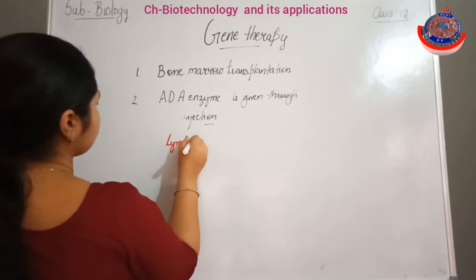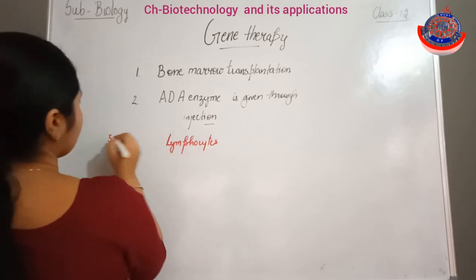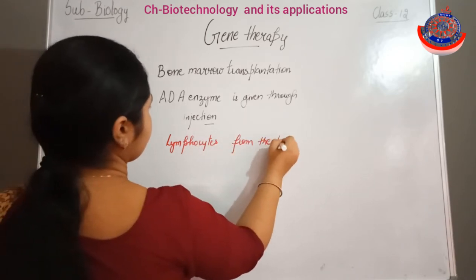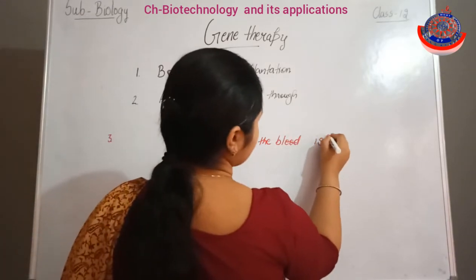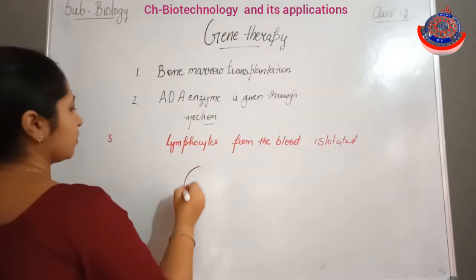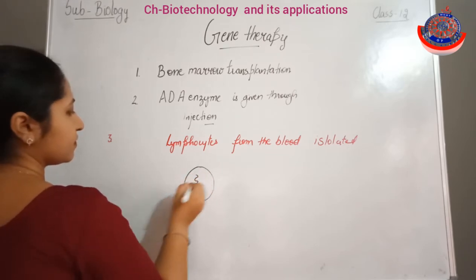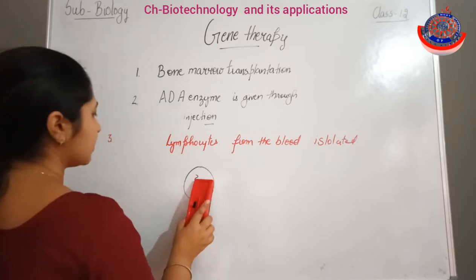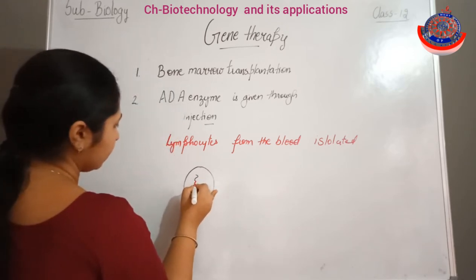Now one more method is there: lymphocytes isolated from the blood. The isolated lymphocytes have the genetic defect, means the non-functional gene. Suppose I show the non-functional gene here in red color.